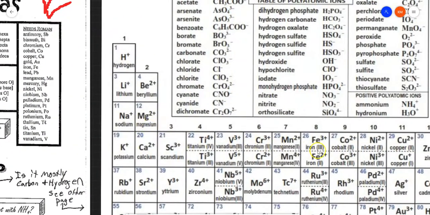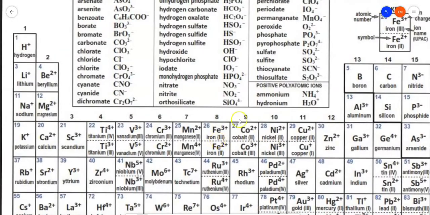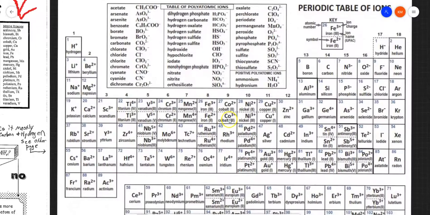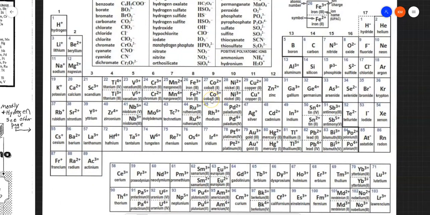If I come over to my periodic table, this is my ion one, because that's useful in naming compounds too. I remember that right here is my stair step. Everything left of the stair step is a metal, and everything right of the stair step is a non-metal.